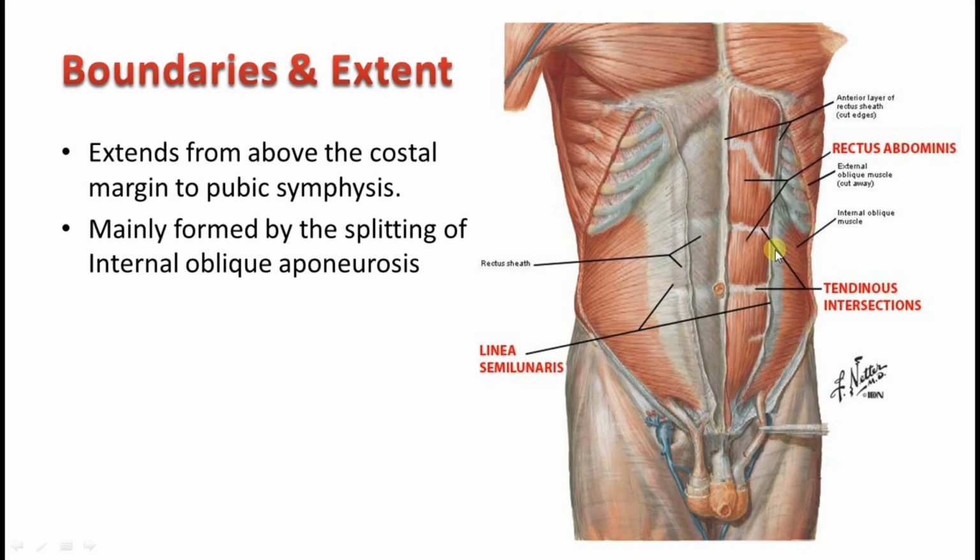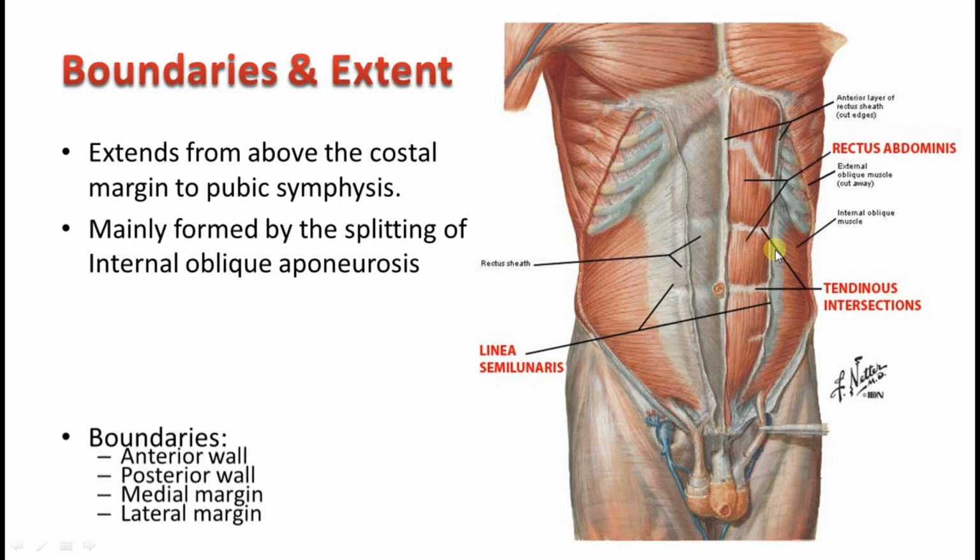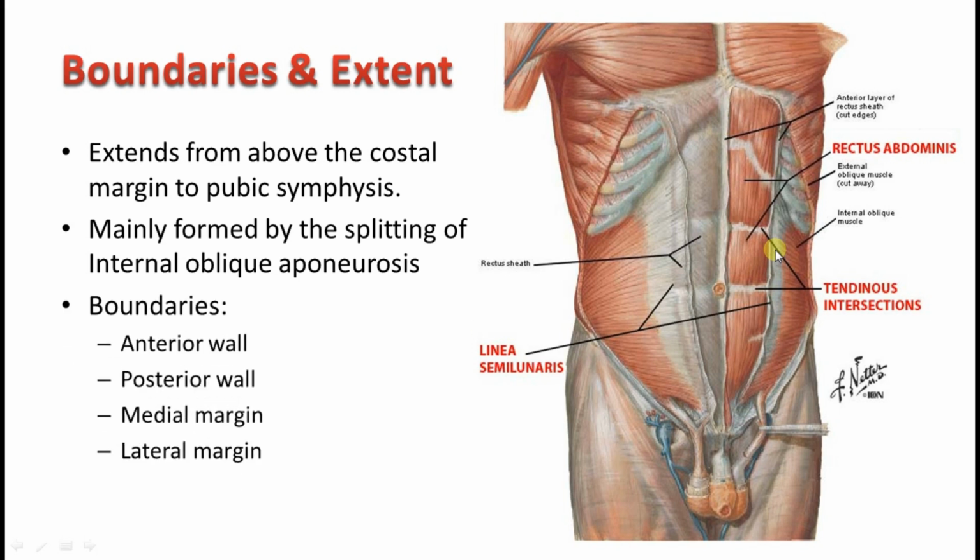These are reinforced in front by the external oblique aponeurosis, and behind by the transverse abdominis aponeurosis, and behind that you have the fascia transversalis.